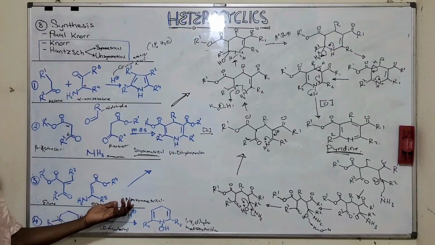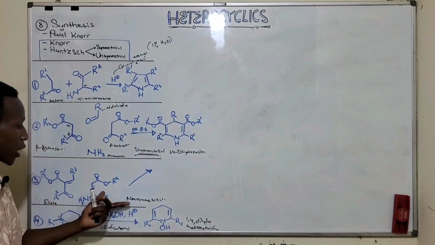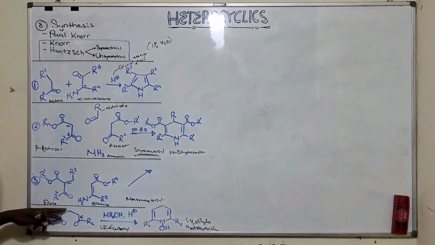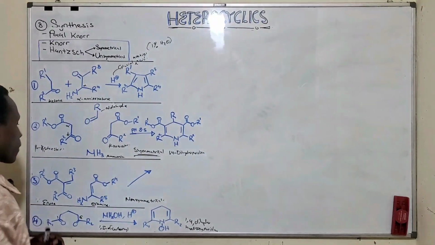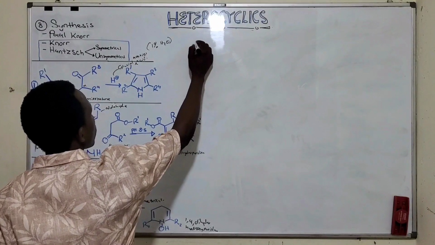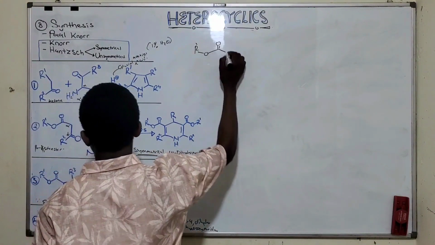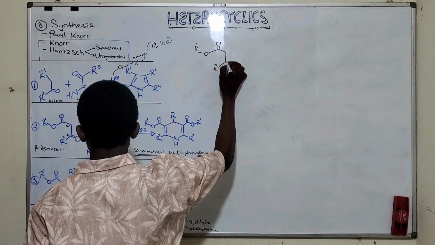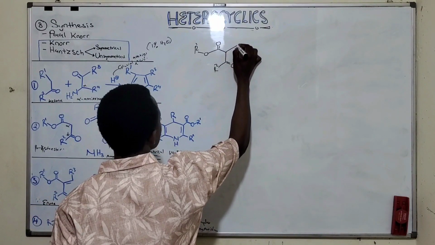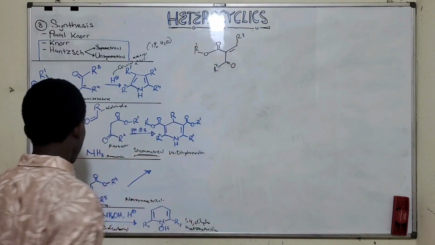Let's see now the non-symmetrical. For non-symmetrical, we have the anion and enamine already formed. You have R1, here R2, double bond, R3, and another double bond.